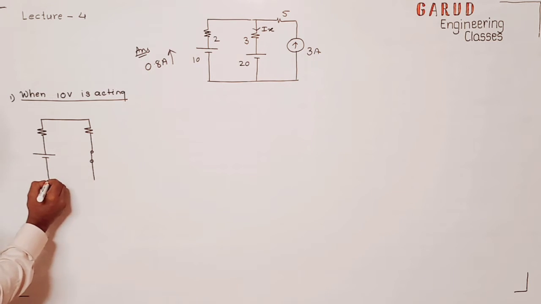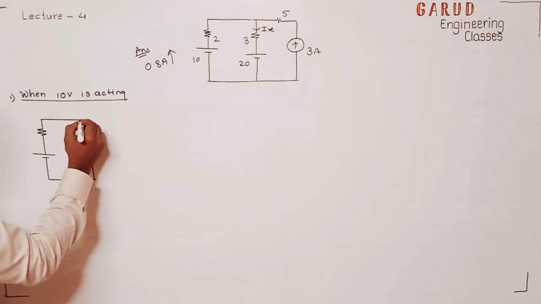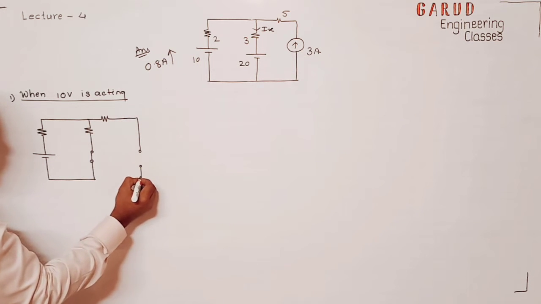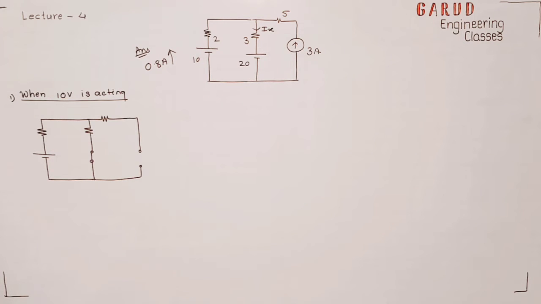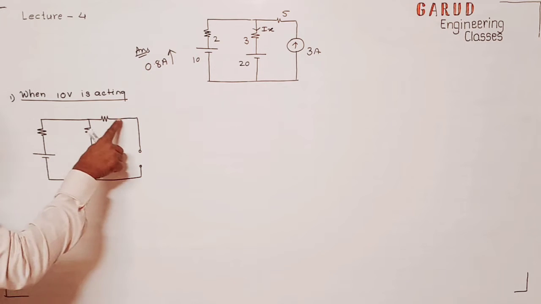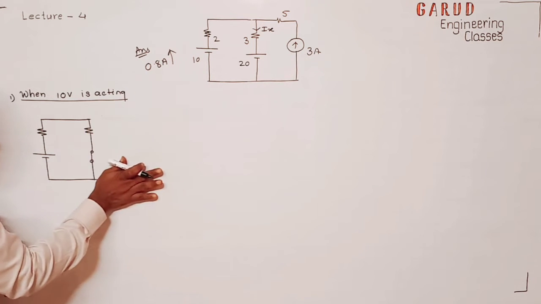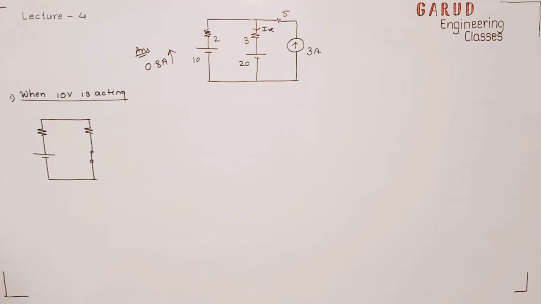Killing a voltage source means shorting it. What about this? We have to open the current source. Why open? Because the internal resistance of a current source is infinity. Opening the branch means no current will be flowing, so don't show the branch. The branch which is open, don't show.